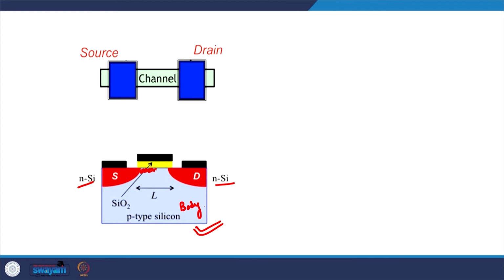This is where the channel will be formed, and above this region there is a very thin layer of oxide, which is silicon oxide, SiO2 in this case, because we are using silicon as the semiconducting material. So, the body is p-type silicon, the source and the drain are heavily doped n-type silicon, the oxide is SiO2, silicon dioxide, and on top of that we have a metallic gate, or this might also be an extremely heavily doped semiconductor which behaves like a metal.